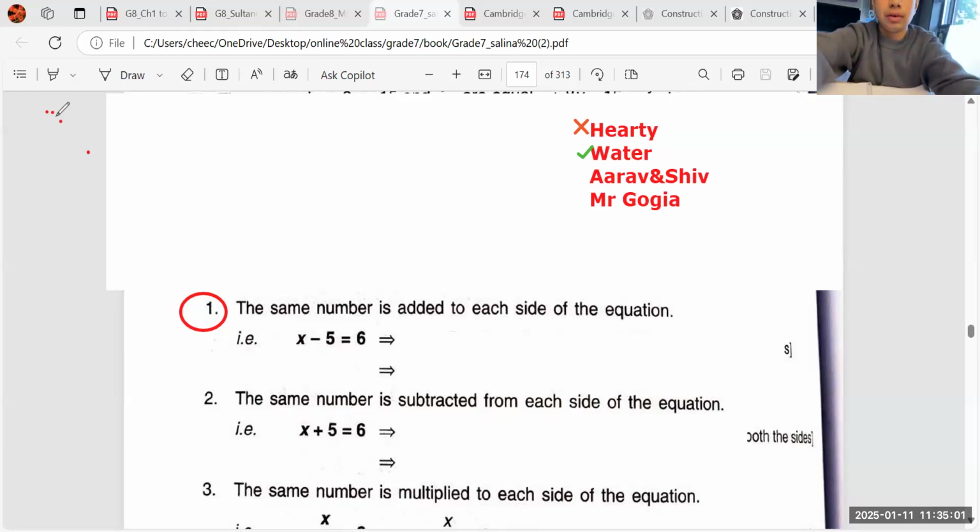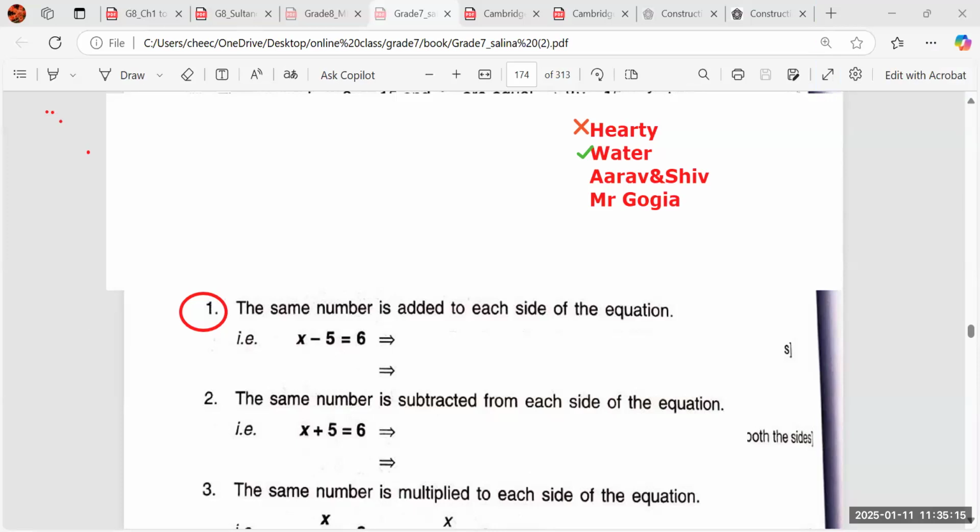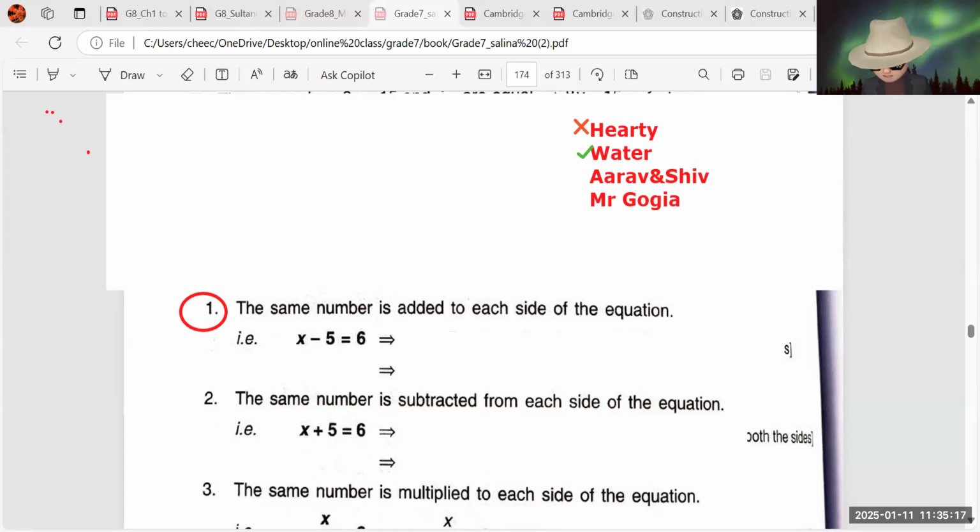So send. You are Mr. Gogia, right? Arav and Shiv, beta, send yours. Okay, sir, sending, 1 second. Can I send the same photo again, but in a different way? I had made one mistake.